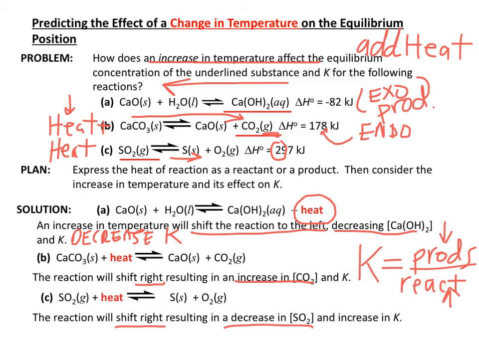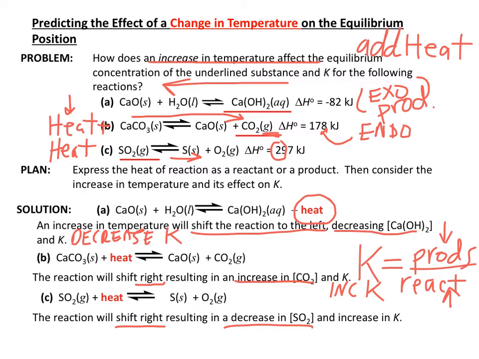In the case of B, the reaction is shifting to the right, which means the products are increasing, and therefore the numerator's increasing, the denominator's decreasing, so we see an increase in K. And finally, the last one is essentially the same thing.